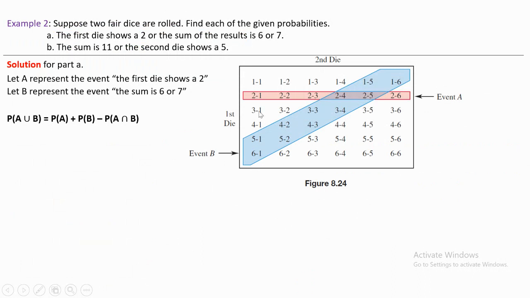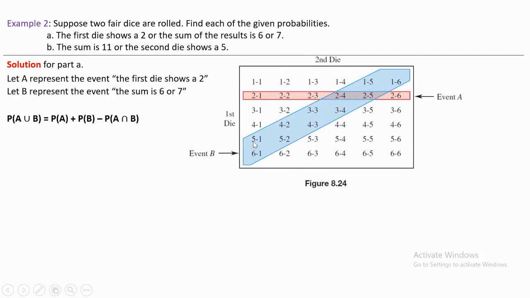So here's all the possible combinations, guys, that when you roll 2 dice. So for the first one, the first die is a 2. So here you see the first die is a 2. So we got 1, 2, 3, 4, 5, and 6. So that's event A. And event B is the sum is 6 or 7.